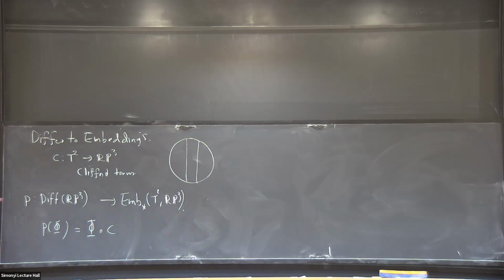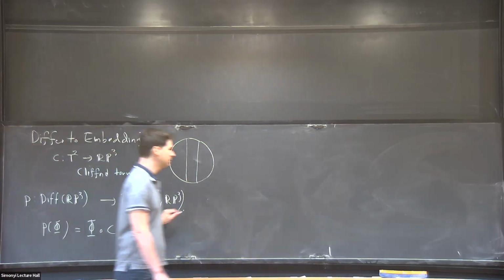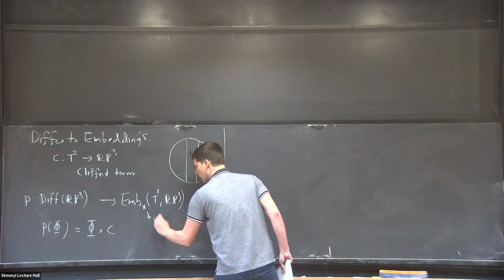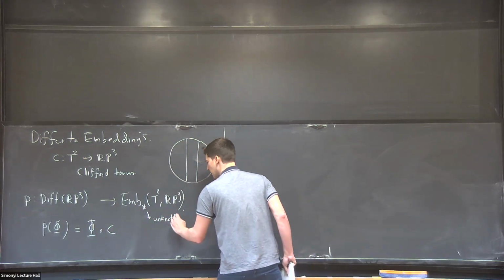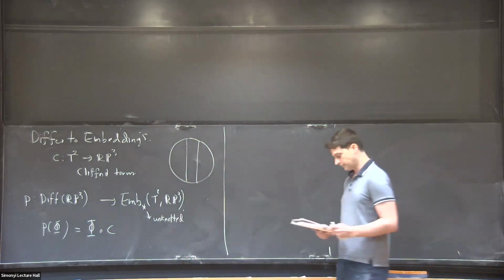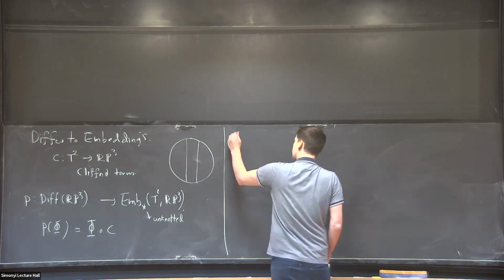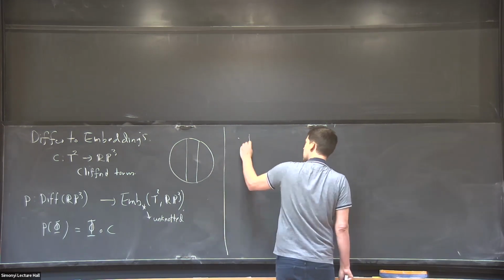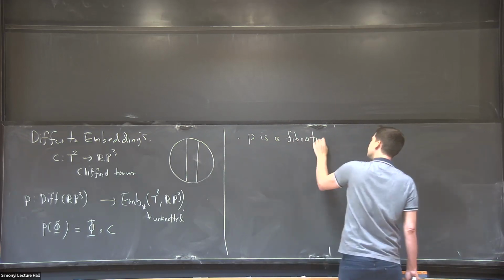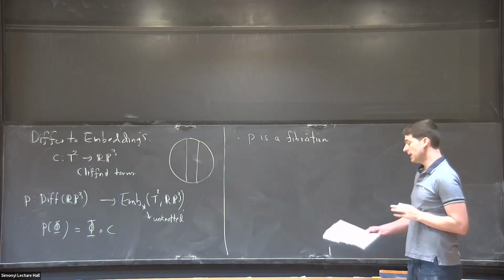So we project diffeomorphisms onto embeddings. And this here means it's a Heegaard embedding. In other words, it's unknotted. It bounds a genus 1 handle body on each side. Some basic facts: this map is pretty nice. P is a fibration.